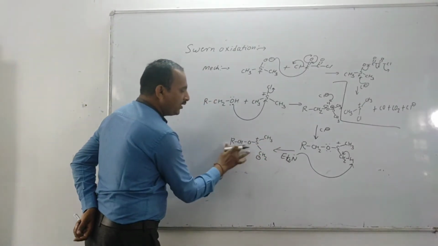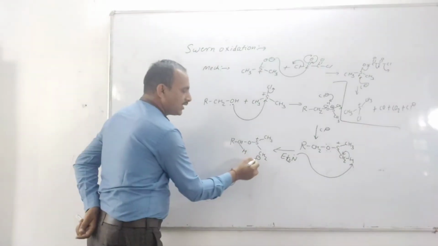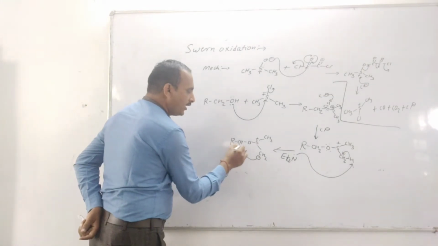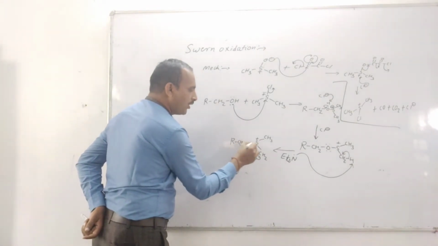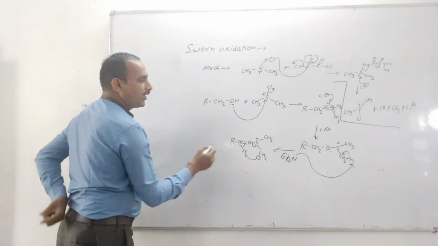Now this carbanion CH2 abstracts the proton from this carbon. Then there is a shifting of the double bond and the lone pair on sulfur is retained.